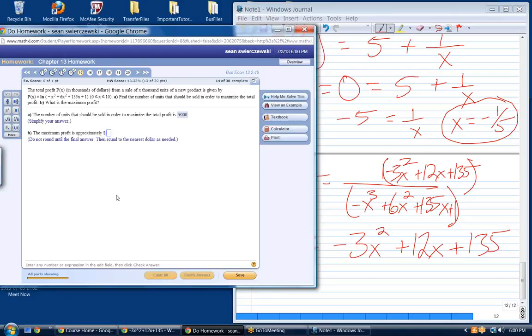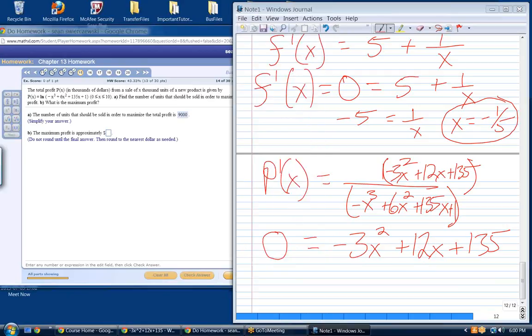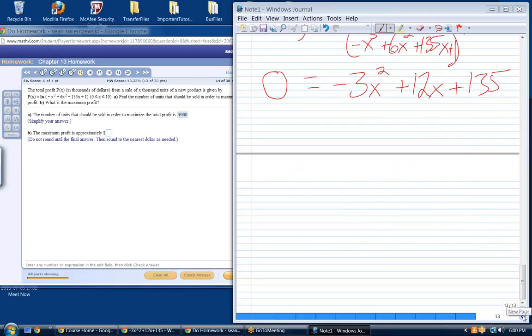The maximum profit is approximately what? Well, we need to plug in 9 and figure out what the value of that expression is. Make sure you don't make a typical mistake here, which is plugging 9 into the derivative function.